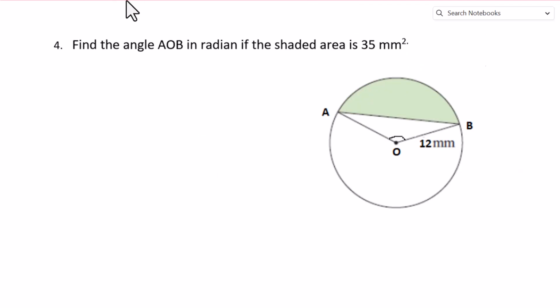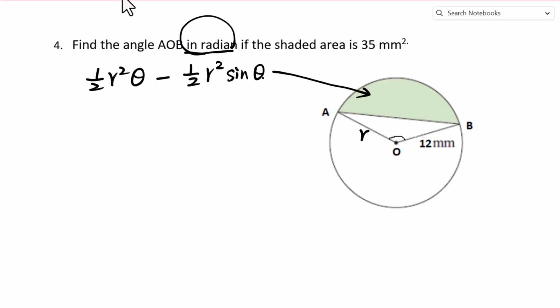Let's go to question 4. Find the angle AOB in radians if the shaded area is 35 millimeters squared. We will use this formula for the shaded area. Remember, theta is in radians.